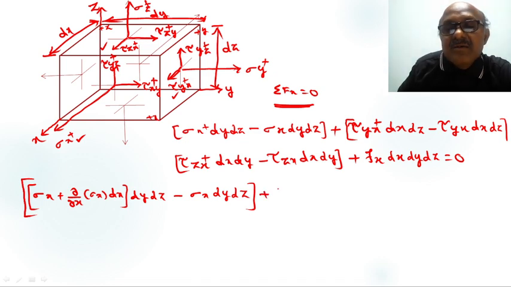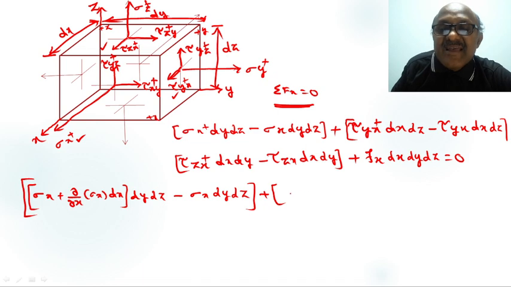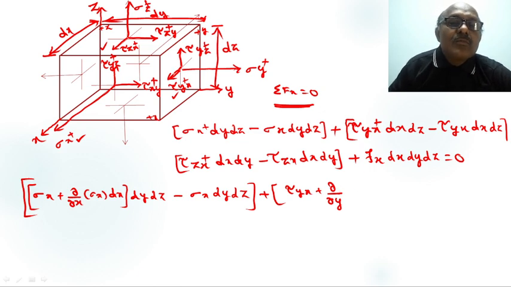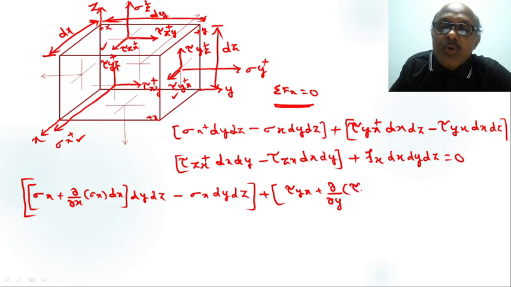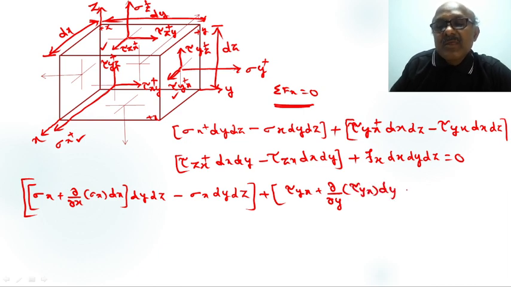Plus, similarly, tau yx plus is tau yx plus dou by dou y of tau yx into dy, into dx dz. All of you remember this, my dear students.